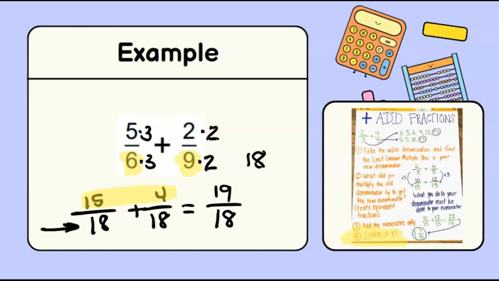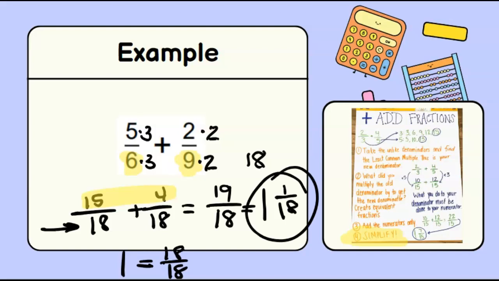I know that 1 is essentially equal to the numerator and the denominator being the same. So I know that if I take 18 parts out of that numerator, it creates 1. And then whatever I have left over, it's going to be my new numerator, 1. My denominator stays the same. So the sum of 5/6 and 2/9 is 1 and 1/18.